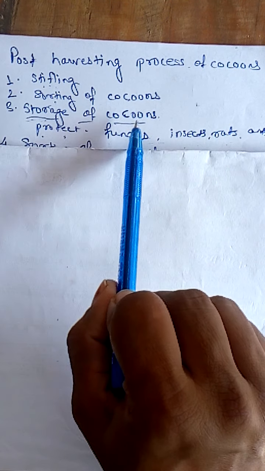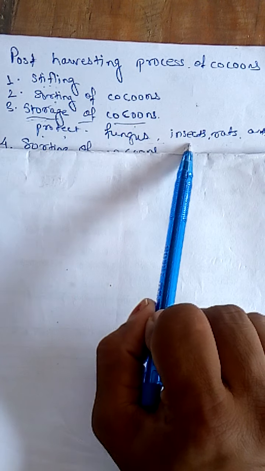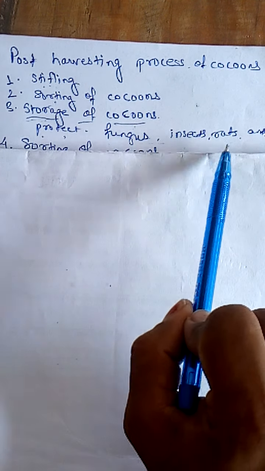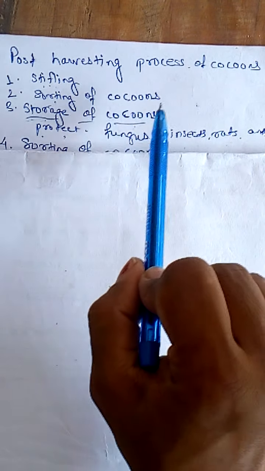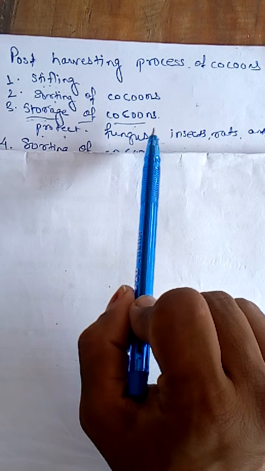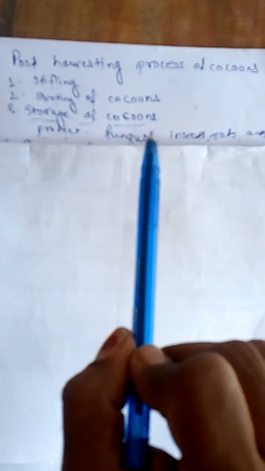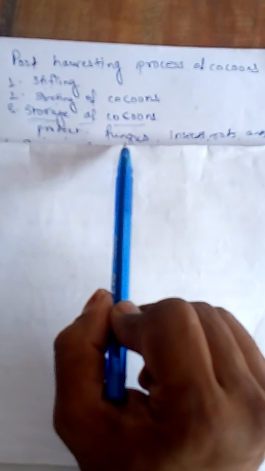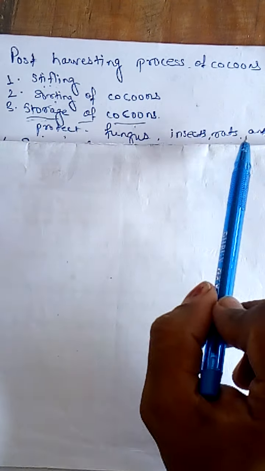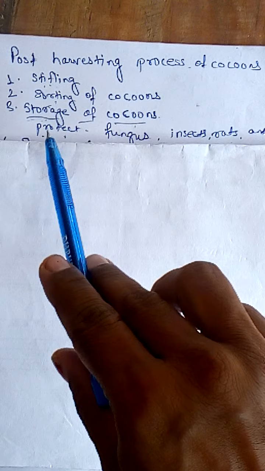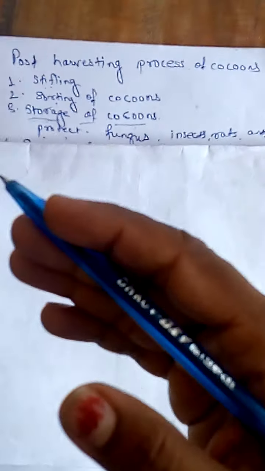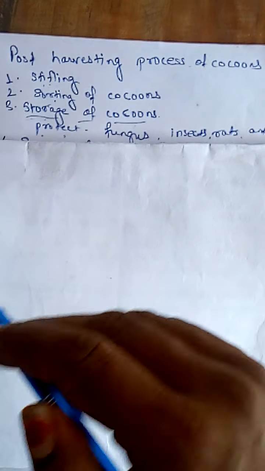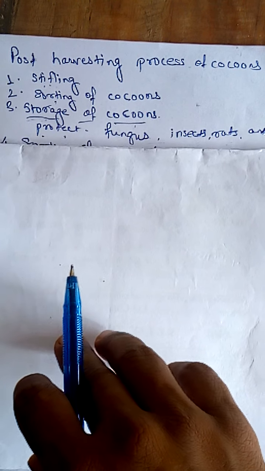We also have to protect them against different types of insects, for example termites, beetles, then rats, ants, etc. Because these animals may attack and destroy the cocoons, we have to protect them from fungus as well as from insects, rats and ants. We give this protection to the stored cocoons by periodically disinfecting the storage room. Okay, so this is about the storage of cocoons.